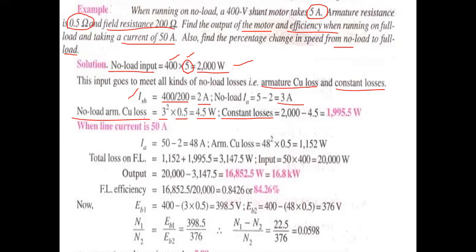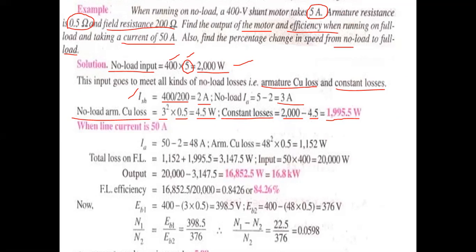Now, with this data, I can find constant losses, where 2000 watts is the input power and 4.5 watts is the no load armature copper losses. Subtracting the no load armature copper losses from the no load input power, the constant losses are equal to 1995.5 watts.